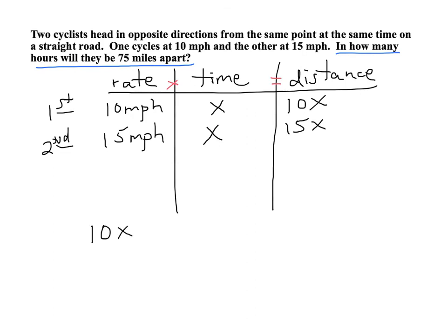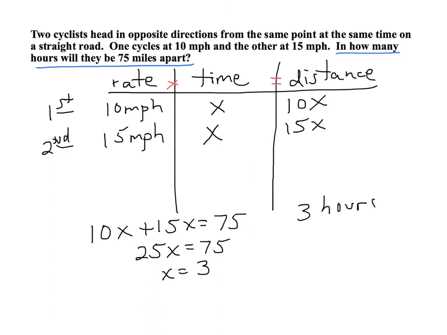So my equation would be 10x plus 15x is equal to 75, and then I would just go through and solve that. 25x is equal to 75, so x is equal to 3. So that must mean that 3 hours after they start going at those speeds, they will be 75 miles apart.